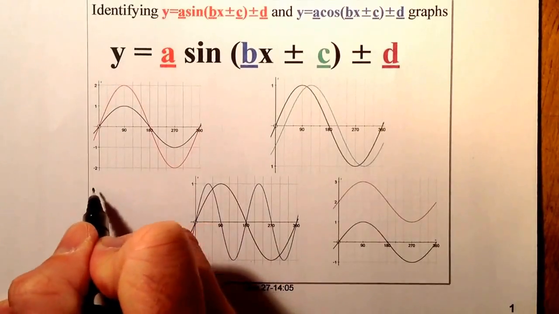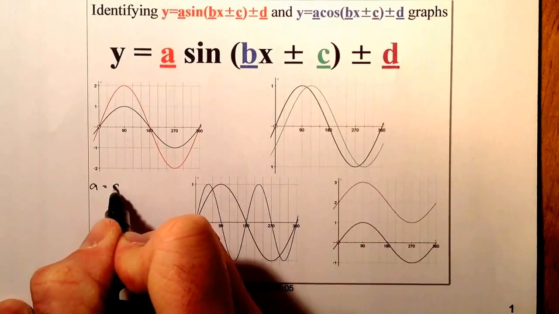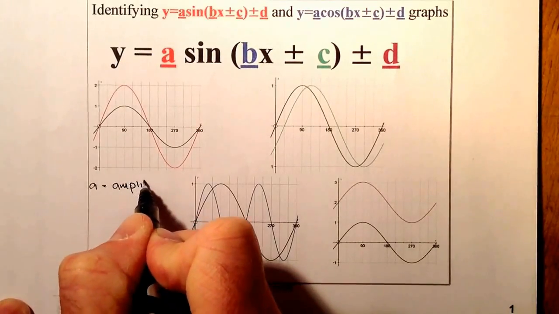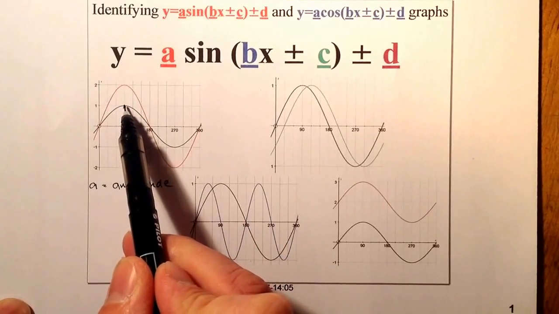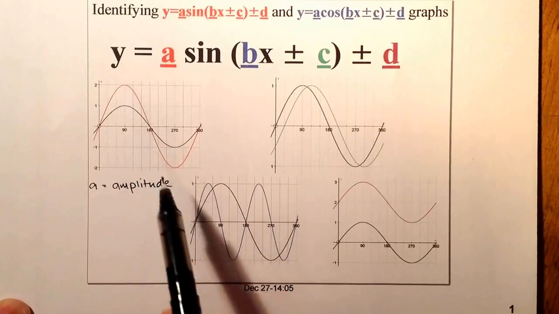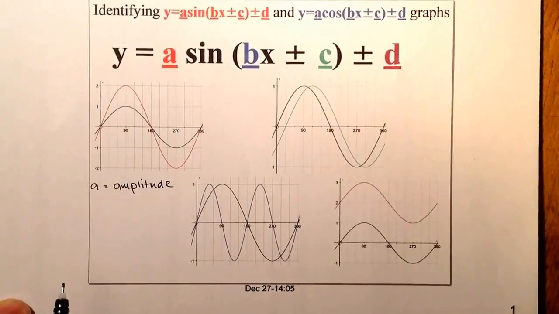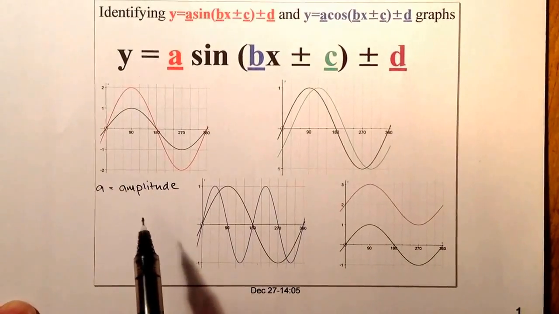So the A is actually the amplitude, and that means how much I'm going to multiply these values by to get to the next part of the graph. I'm multiplying the y coordinates here.